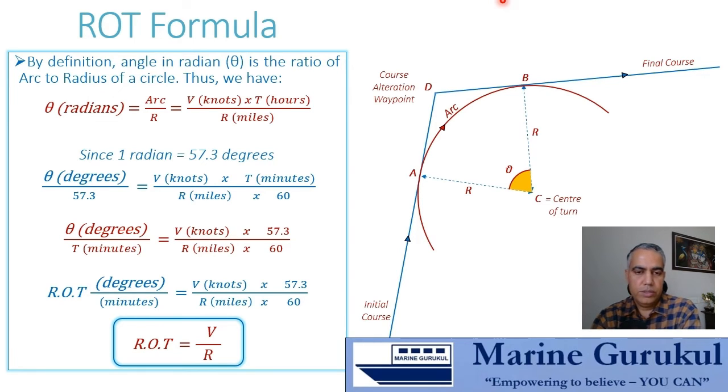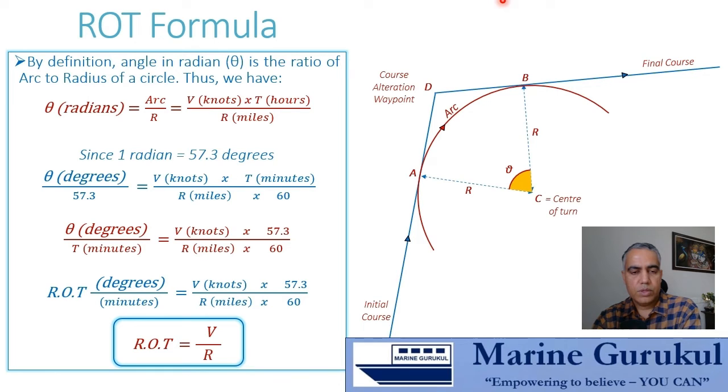The rate of turn which we see on the left hand side, which can be achieved on a particular ship, is not entirely under the navigator's control. The maximum rate of turn which can be achieved on a ship is limited or depends upon the size of the ship. It depends upon the shape of the hull, the block coefficient, what is the size of the rudder, the maximum rudder angle which is available to the navigator at the time of alteration.